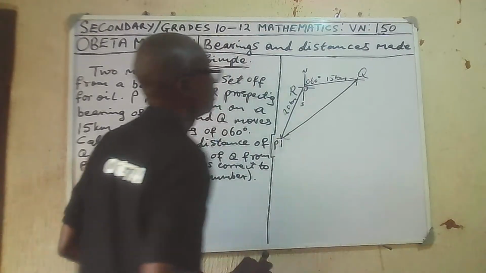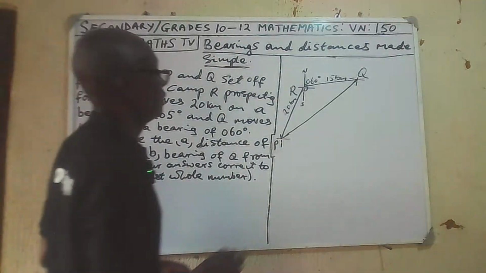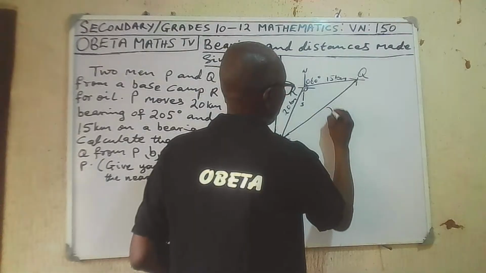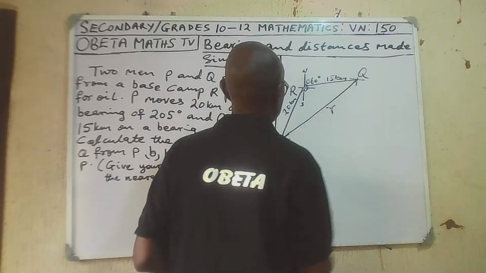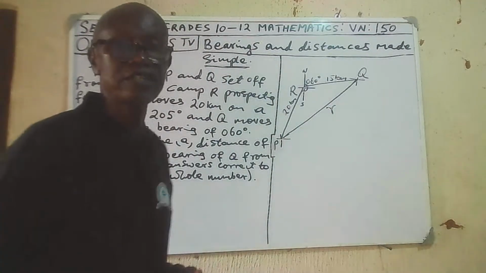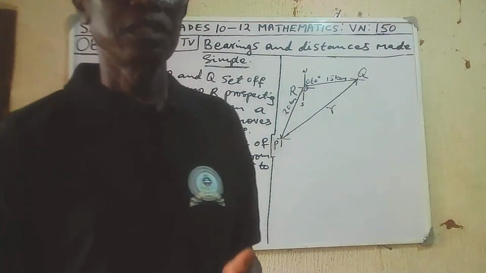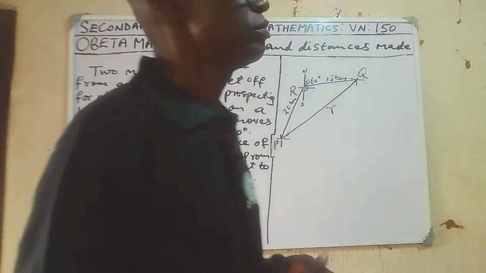As we know earlier, this should be our small r. That side facing capital R is our small r.